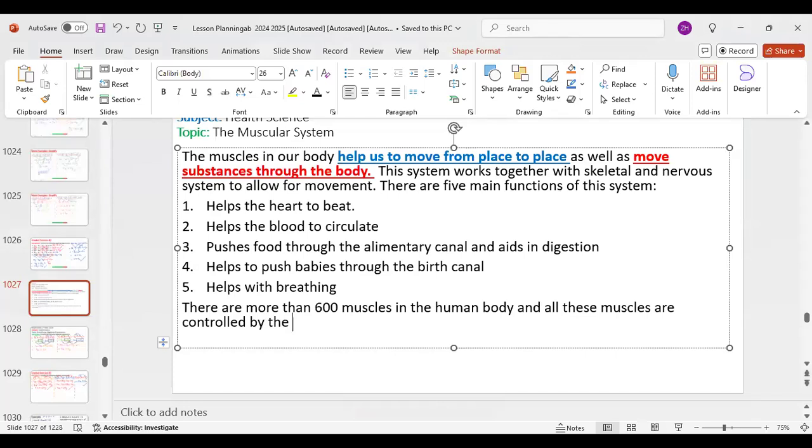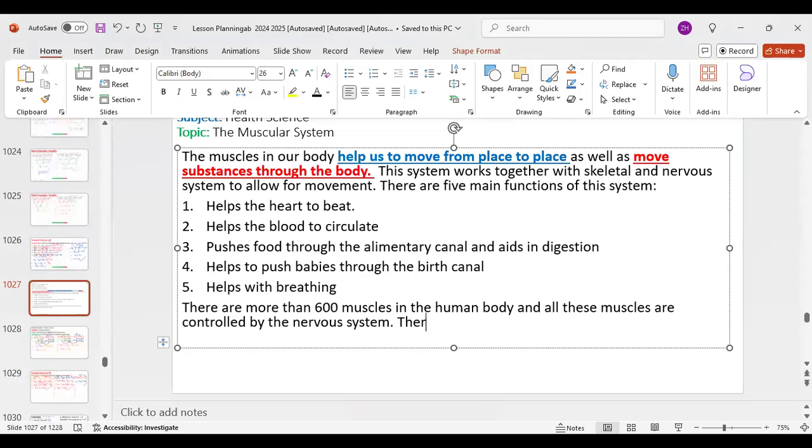By the nervous system. Now, the nervous system consists of the brain and what else? The spinal cord. Very good. And the nerves and all of that.